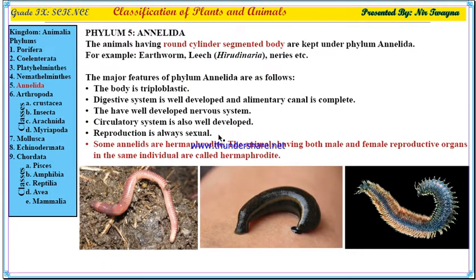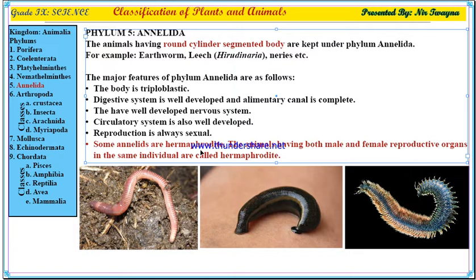Okay, let us continue. Some annelids are hermaphrodite. Herma means mixed or both. Phrodite means sex. The word phrodite comes from Aphrodite.